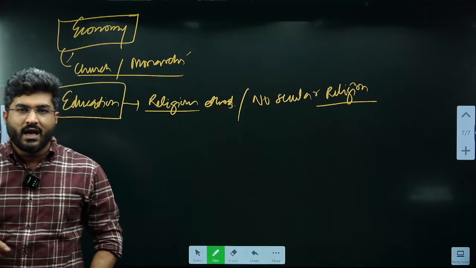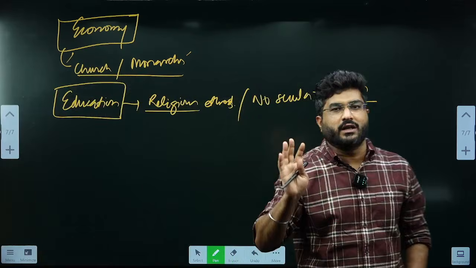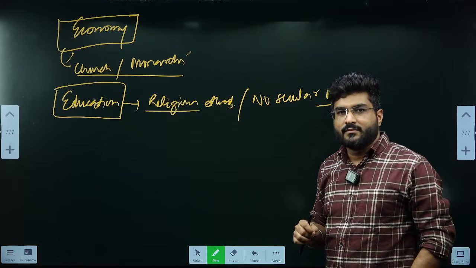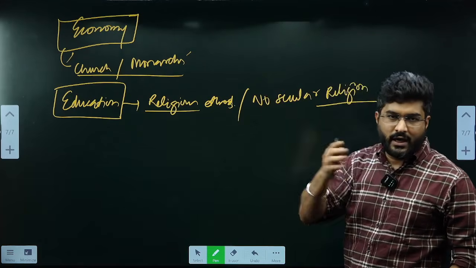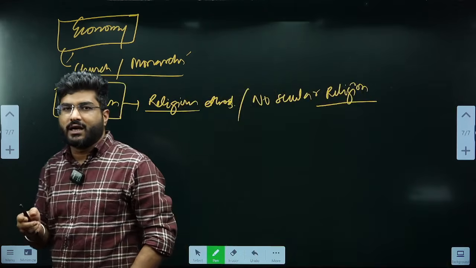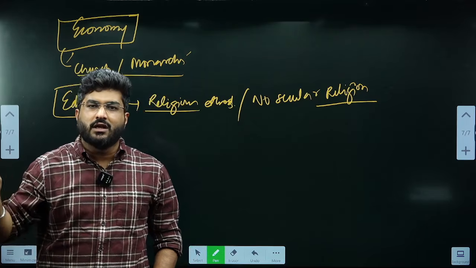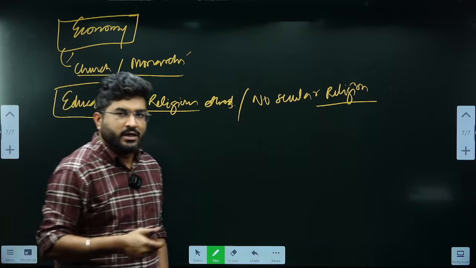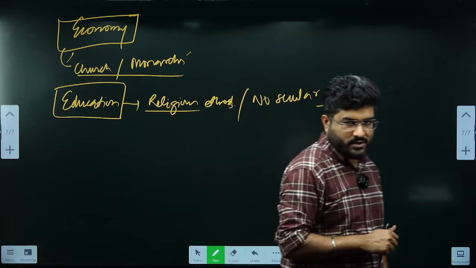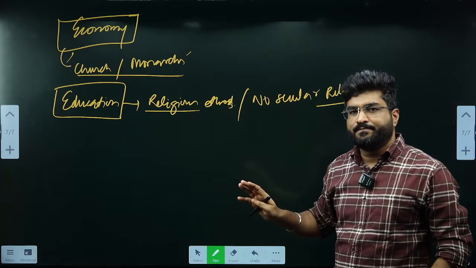And the church will decide who will get that particular education and who will not. Like in India, when you read ancient Indian history, you will see that education was controlled only by the Brahmins. The Shudras, the Dalits, were not even allowed to read the scriptures, the religious texts. So education was controlled by the church.